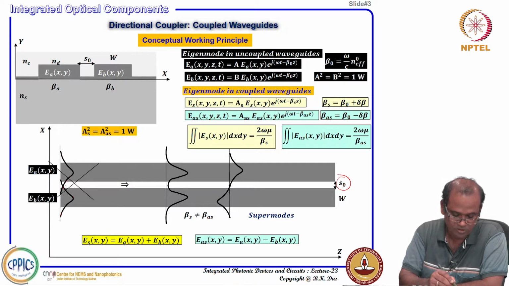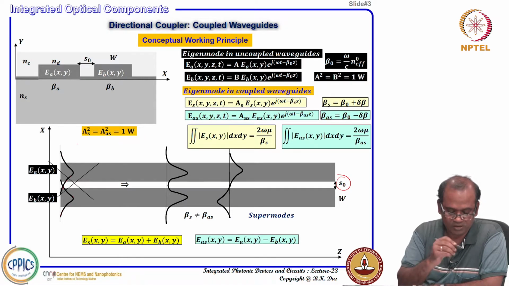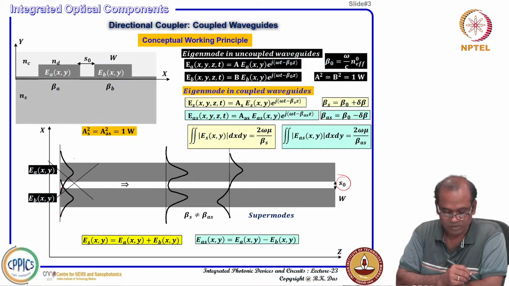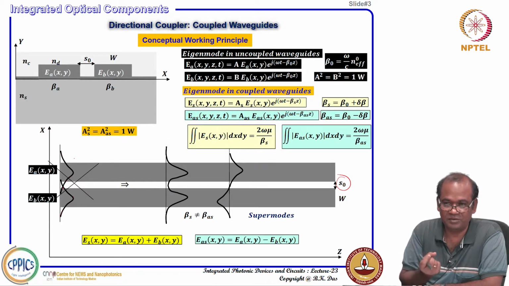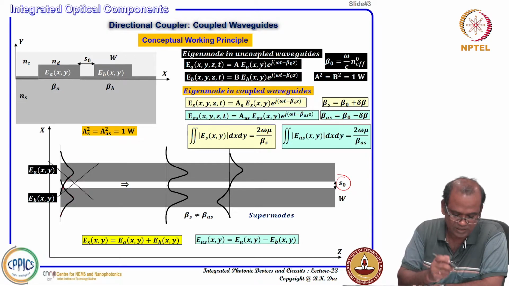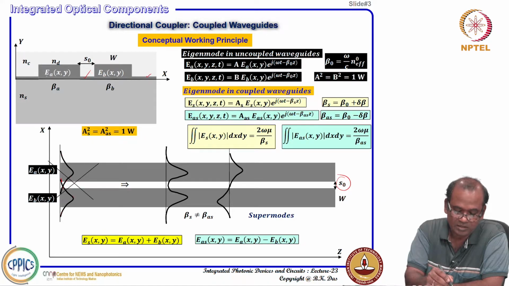A mode, this one, sees the presence of waveguide A. The mode in waveguide B sees the presence of waveguide A, experiencing the presence. So, this evanescent tail here is supposed to see, maybe if some slab is there, it is supposed to see the slab. Instead of the slab, the evanescent tail is going like this and coming like this.